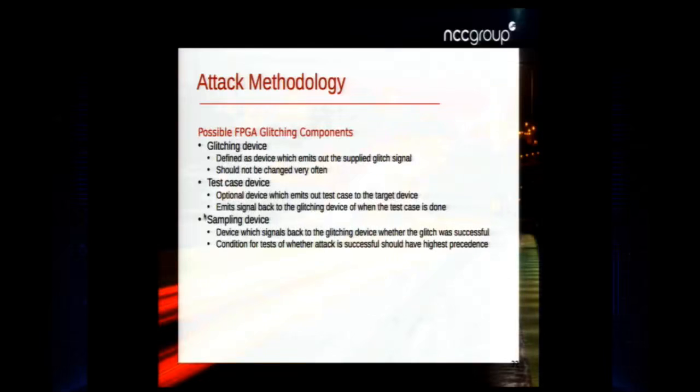I generalized the FPGA components that I used on the device, and they consist of three different components. One is the glitching device, which generally did not change too much. This was the actual device that sent out the glitching signal and took in the signals from the test case and the sampling device.